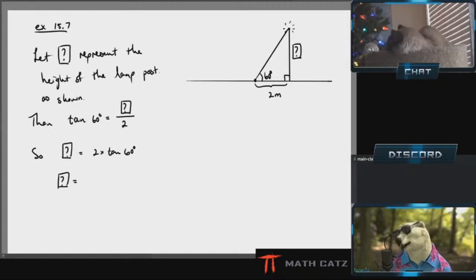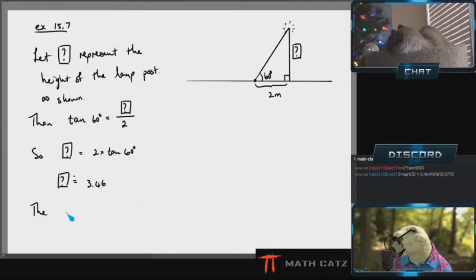Question mark in a box is something the calculator can tell me. But there's a stepwise procedure to this that leads me to the answer. I don't care what the answer is originally. Now I have a calculation. 2 times tan, again in degrees here, of 60, and we get a final answer, 3.46.